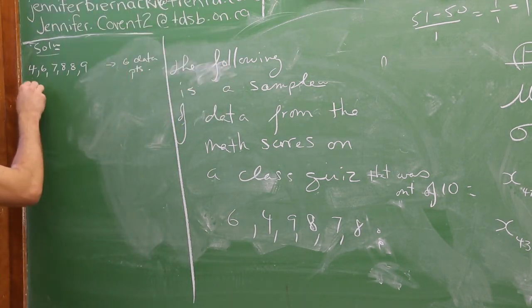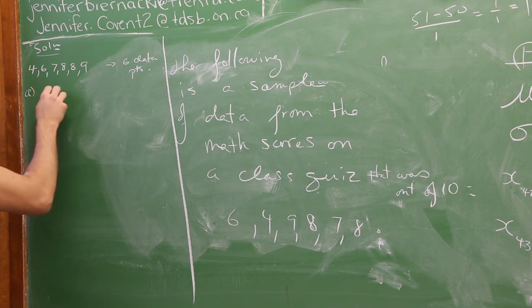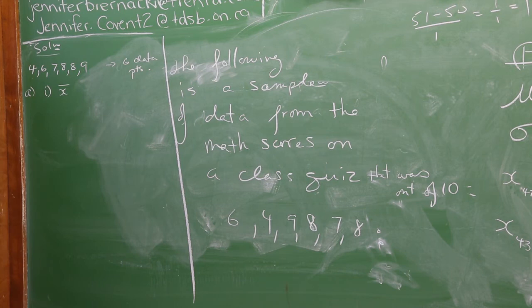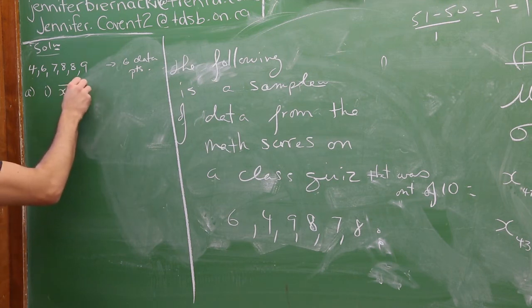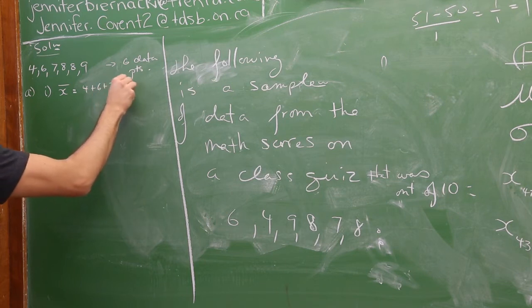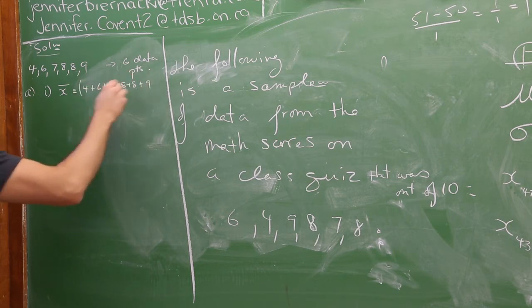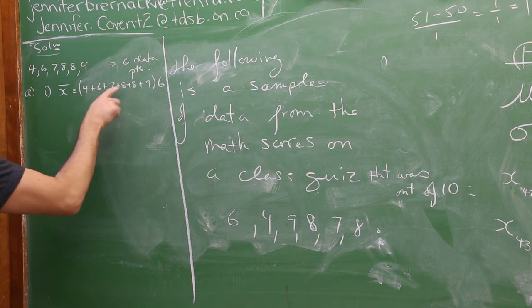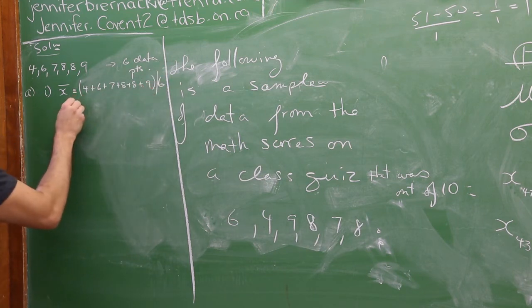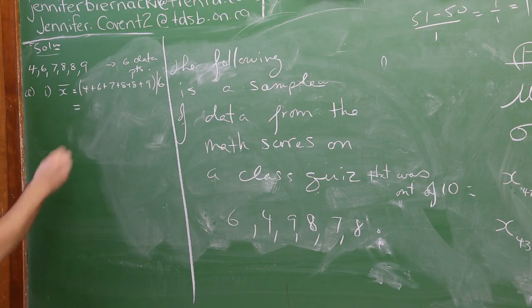Why am I using X bar as a symbol and not mu? Because it's a sample. Milad, what is that? 7. Clean? Yeah. 7. Agreed.